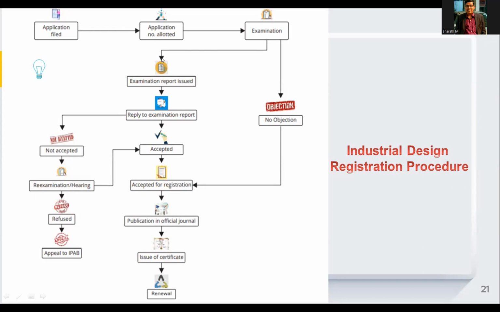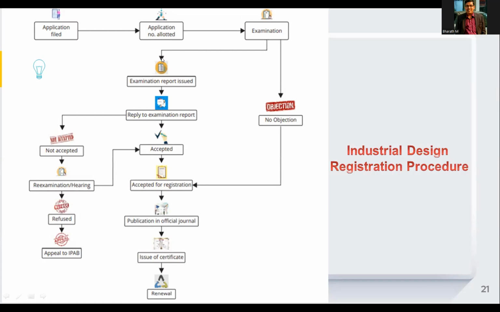Once it is accepted for registration, publication in the official journal will be made. Thereafter, they will issue a certificate. So the industrial design registration certificate will be issued to you.